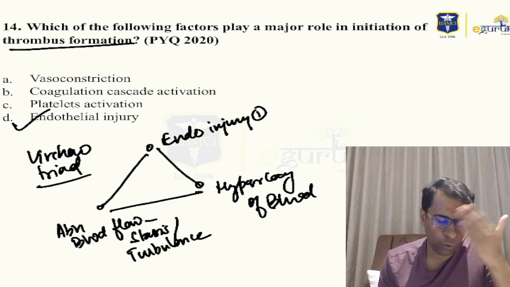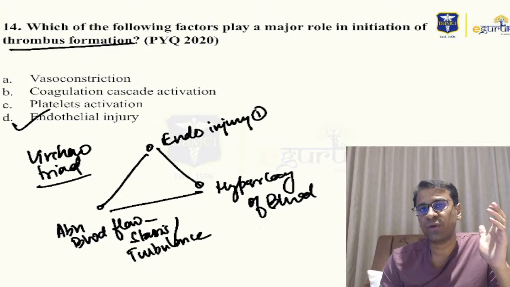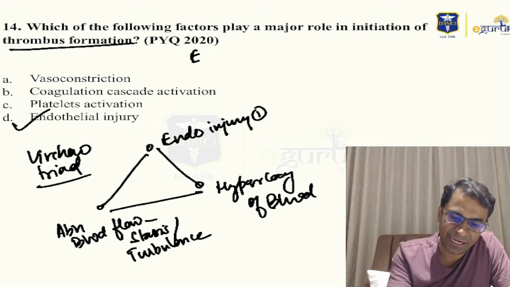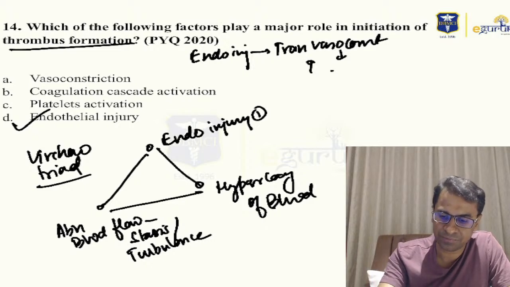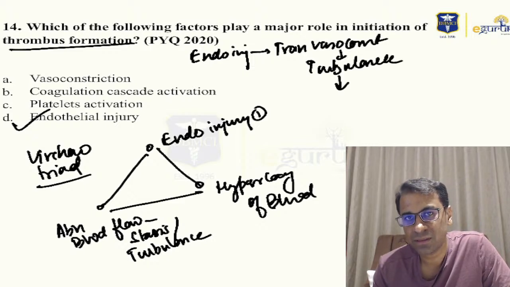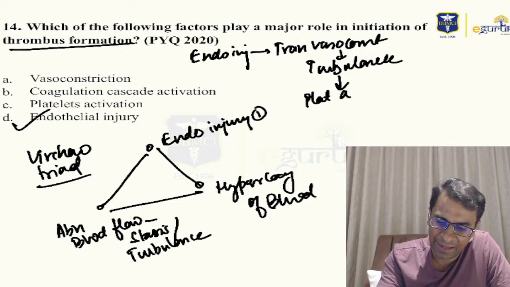You must also remember the sequence in which the primary hemostatic plug forms. The first thing is endothelial injury. This injury causes transient vasoconstriction. This transient vasoconstriction initiates turbulence. Then after turbulence, what happens? There is platelet adhesion.